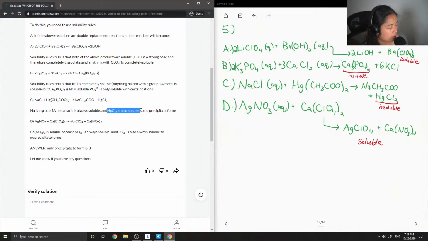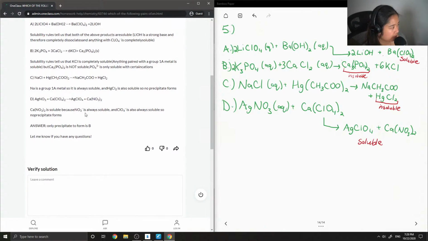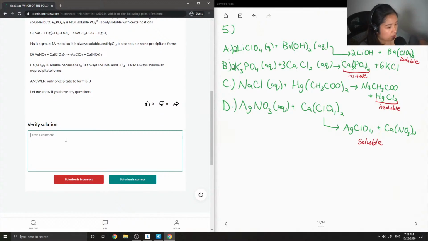For this one, they said the mercury chloride was also soluble, but it should be insoluble. And then they said D was soluble. I'm just gonna also add HgCl2 will also form a precipitate.